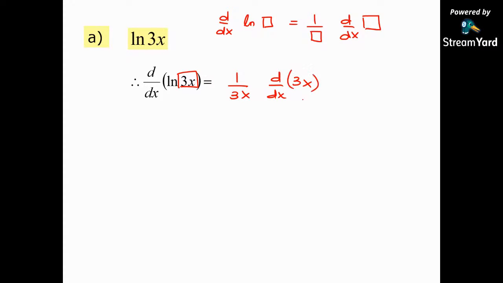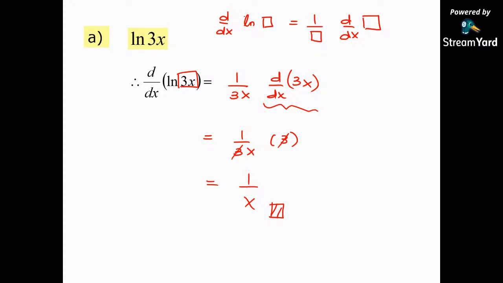Differentiating 3x, what is the answer? The answer is 3. So we have 1 over 3x times 3, and 3 over 3 cancel out. That is how you end up with 1 over x.